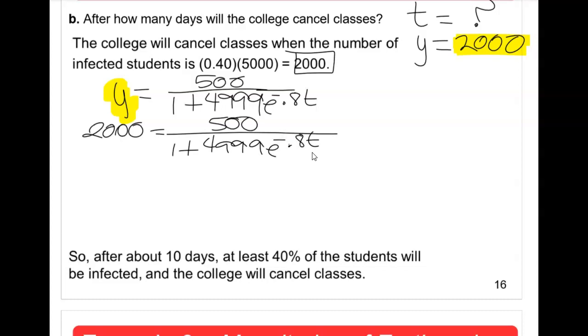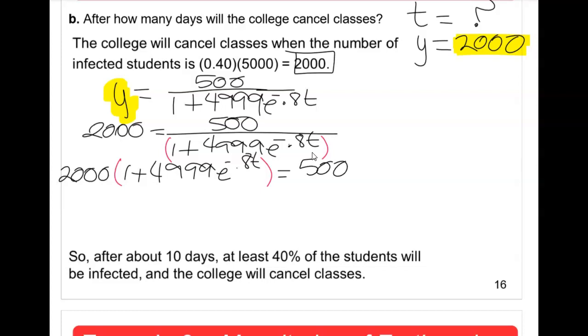And I'm going to take the denominator from here, and so it's going to be multiplying on this side. And from here, we want to solve for t. That's our goal. So we're going to have to do everything that we can to isolate it.